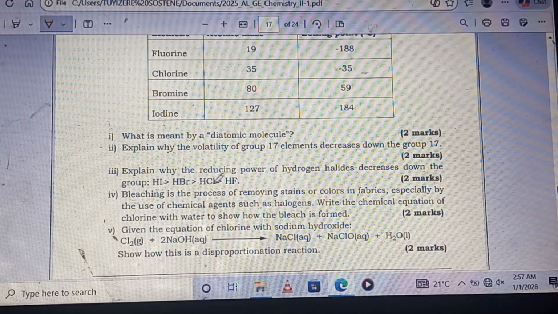III, explain why the reducing power of hydrogen halides increases down the group. As you see in this formula, fluorine is first, followed by chlorine, bromine, and iodide.